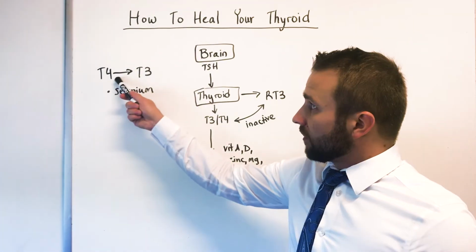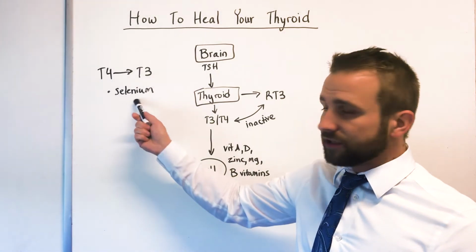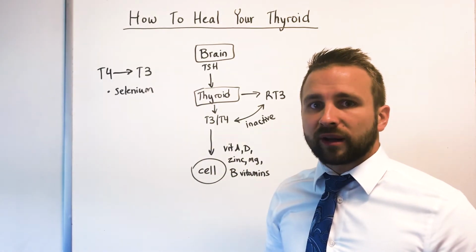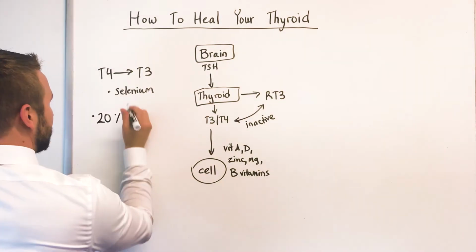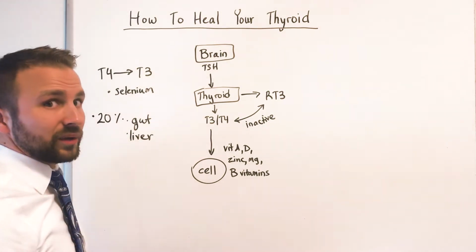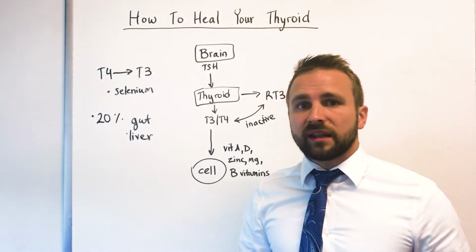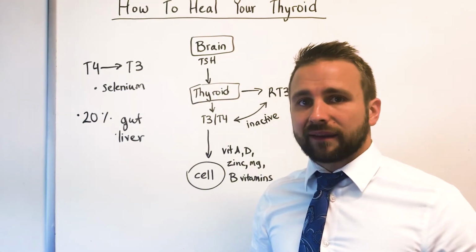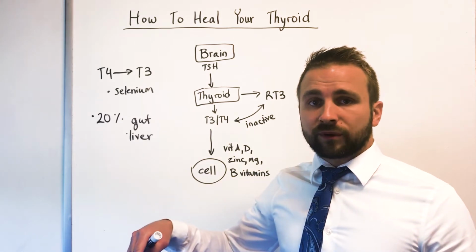You convert T4 to T3 not just in the periphery using these different nutrients, you also convert it primarily in the gut and in the liver. So 20% of this conversion right here occurs in the gut and in the liver, along with other organs. So if the gut is not working, which in many thyroid cases it is not, then you are going to be on the lower end of the thyroid hormone production.